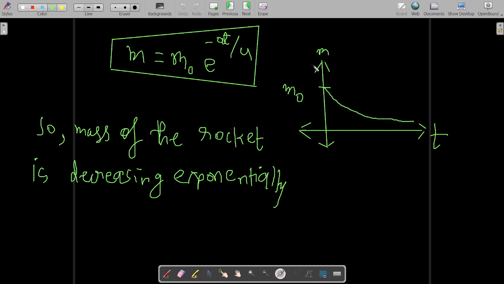Okay, so after time infinity, the mass will be 0. But in reality, this exponential graph, you must have learnt at the time of JEE in your mathematics, never touches this axis. It will only be close to touching the axis, but it will never touch it. It will only touch the axis at infinity.